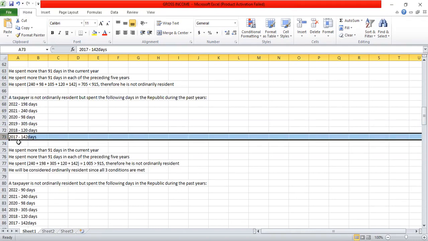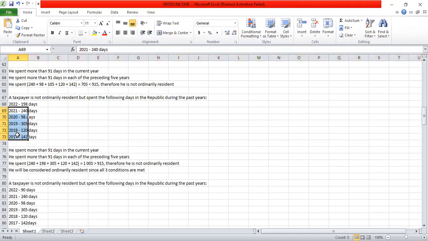Then the final test looks at the days in total, excluding this year. That is the previous 5 years only. They should make up 915. So we add 2021 up to 2017. In this case, we found 1,005 days.